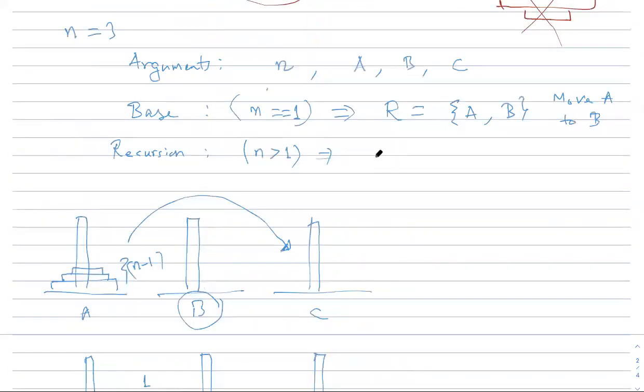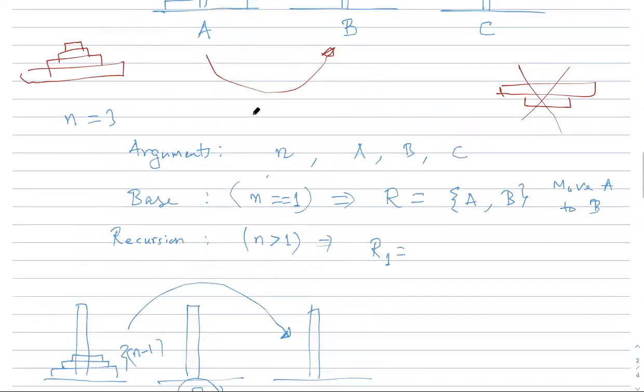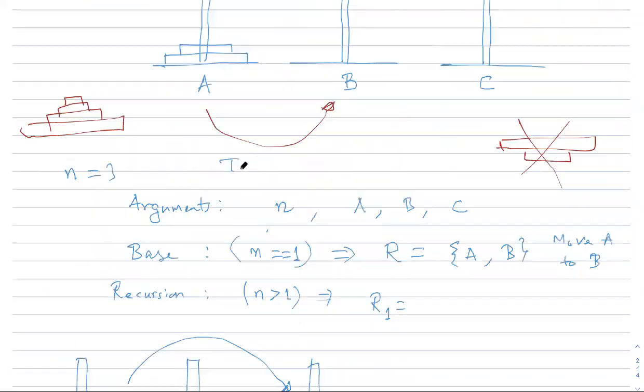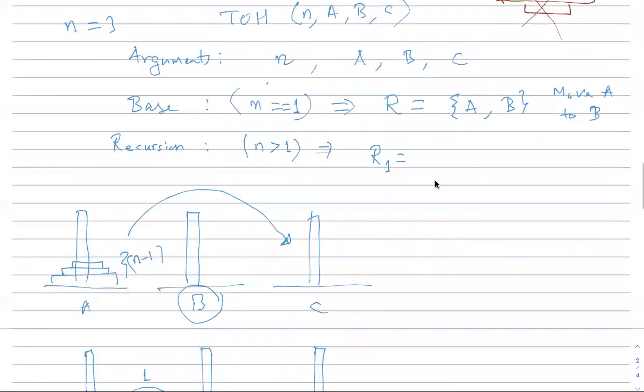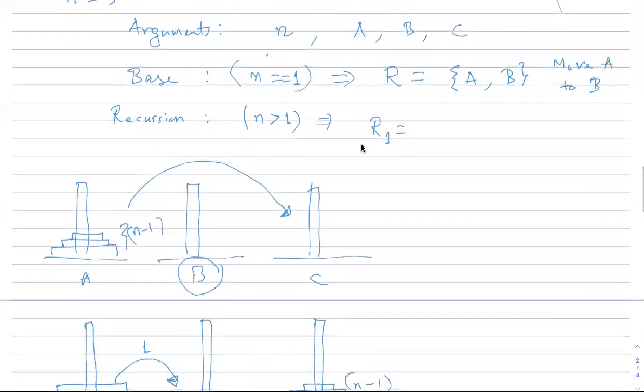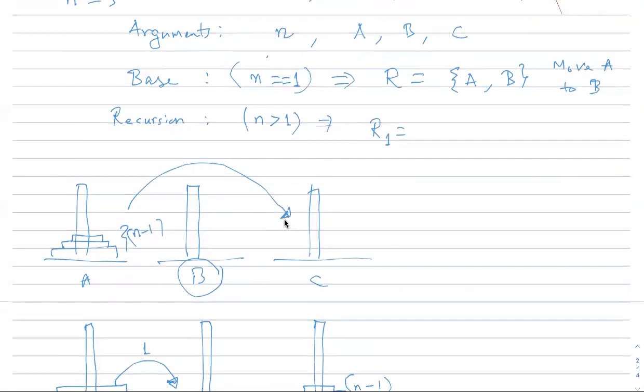So let's say R1, the first step. We didn't give any function name, so let's say TOH is our function name, which takes in arguments N, A, B, and C. So what is the first step? The first step is you move these. This is our first sub problem.